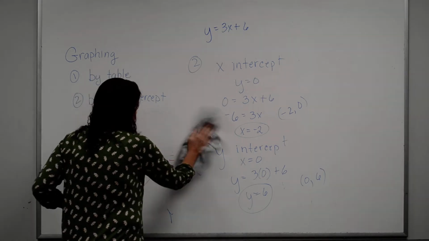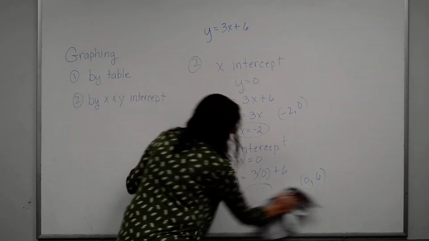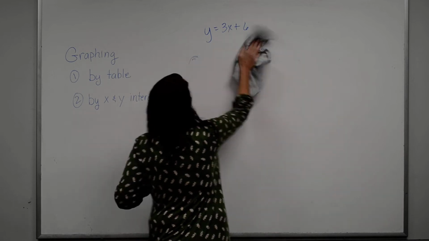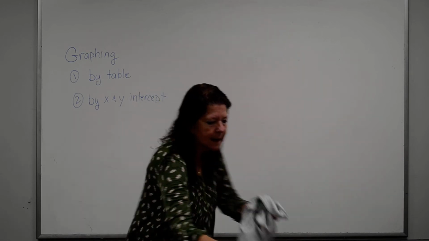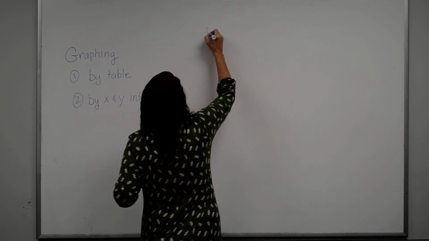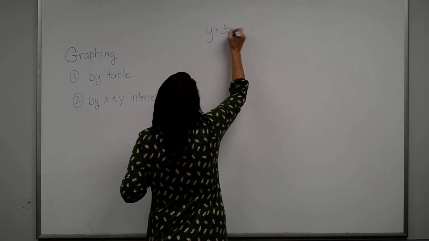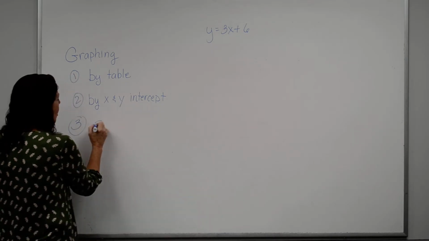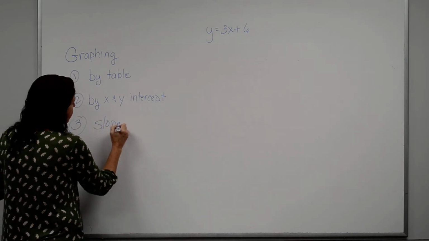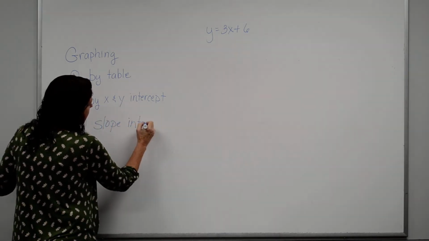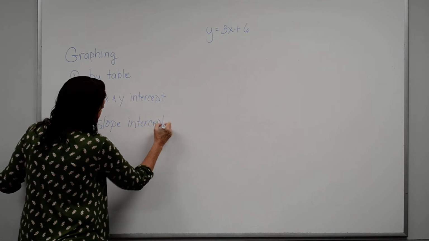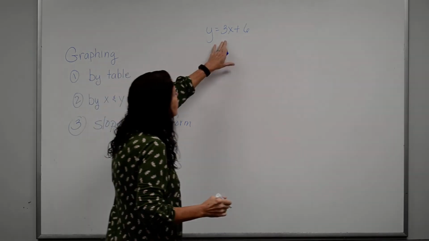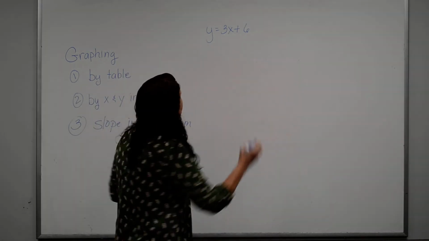Method 3 is the easiest method, and that is what you are ready to learn right now. I'll use that same equation: y is equal to 3x plus 6. Okay, method 3 is called slope-intercept form. This is actually in slope-intercept form.